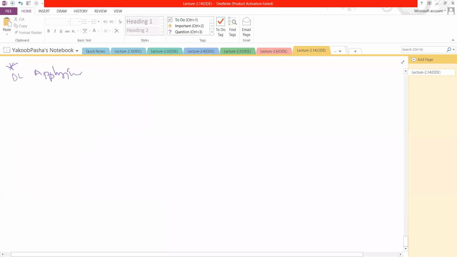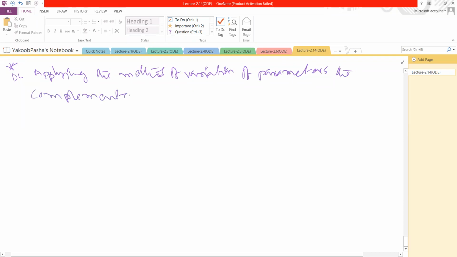Applying the method of variation of parameters, the complementary function for the equation d cube y by dx cube plus dy by dx is equal to sec x.